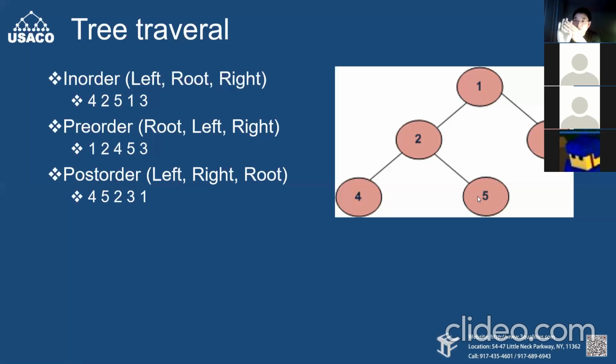So what do you find? The whole left subtree is already visited completely. Then I'm going to visit the root, which is 1 now. After I finish root 1, I go to the right side. The right side is simple because you only have 1 node, 3. That's the reason why the final output of the in-order traversal is 4, 2, 5, 1, 3.